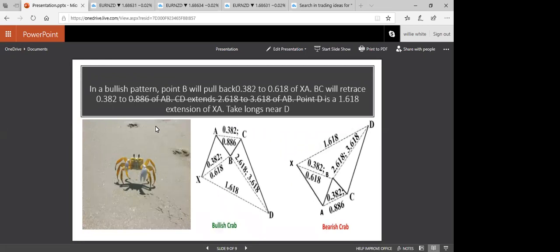But if you notice 61.8 and 38.2, that is a famous number for almost any Fibonacci retracement zone, because that's where it's going to pull back to. So yeah, most of these have their own numbers, but most of them kind of relate to each other. That's why I say don't worry too much about the numbers.